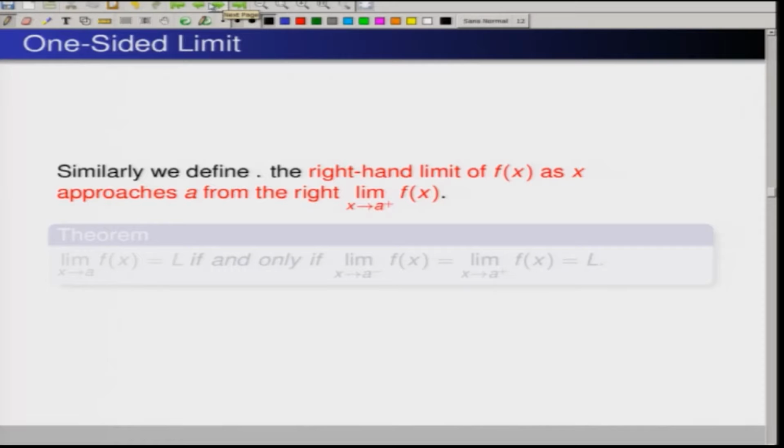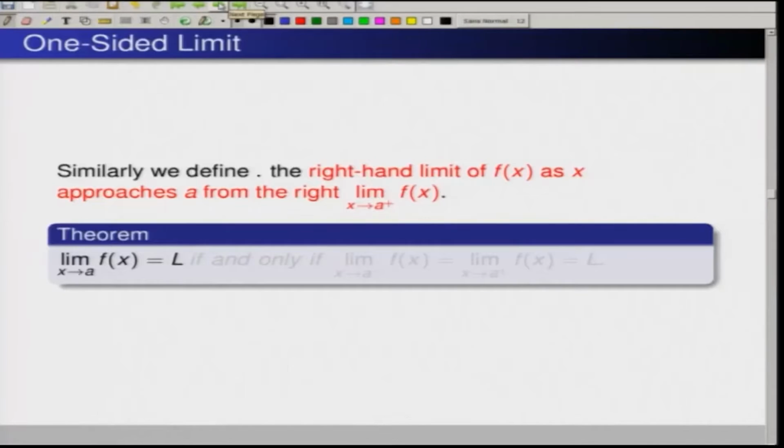When limit x goes to a plus of f of x is equal to L, that means we take the values of f of x when x is close to a from the right hand side, that is, x is greater than a, and then we talk about the right hand limit.